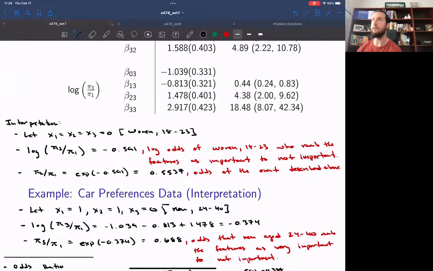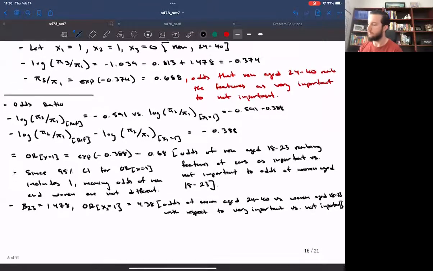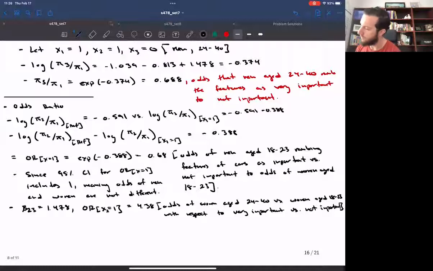It actually contains values that are greater than 1. So in that situation, it indicates that the odds of a woman ranking the car preferences as very important versus not important increases when they move into the next age group, which might be a logical conclusion or an expected result.